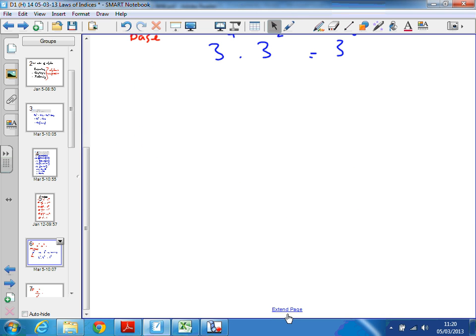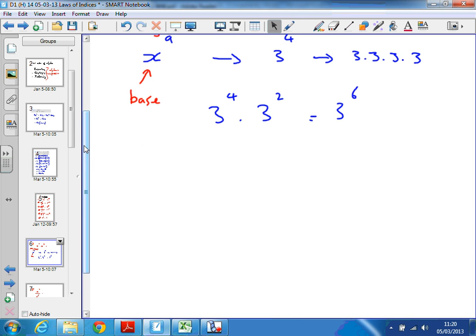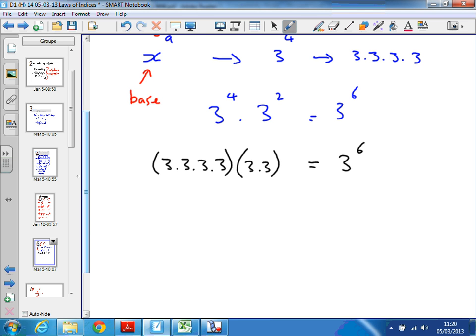But if we think about it, that makes perfect sense, because 3 to the power 4 means 3 multiplied by itself 4 times, and 3 squared means 3 multiplied by itself twice. So you can see we've got 6 lots of 3 there, which is 3 to the power 6. So that's where that comes from. And it's obvious now, isn't it, that it's only going to work if they're the same number. Okay?